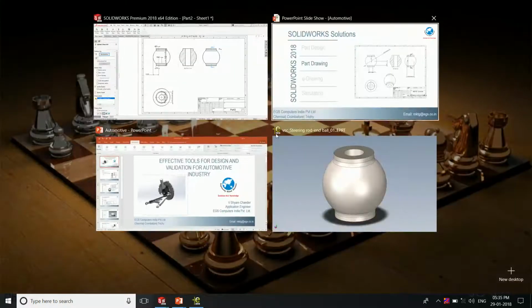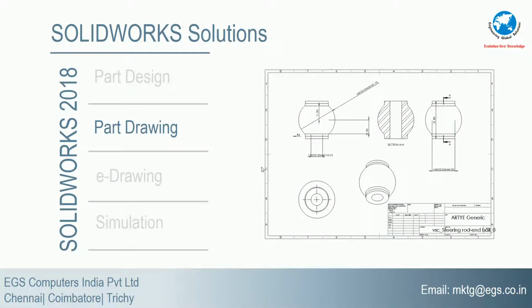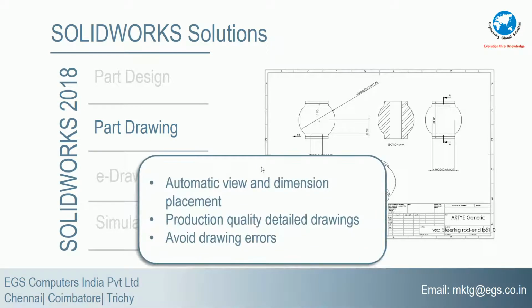And if we have any bill of material, we can include that bill of material, and we can export it to Microsoft Excel format, so that we can send it to the material database. Once any change is made in the part design, it will be automatically updated in the drawing. We can avoid drawing errors, and production-quality detail drawings can be included.